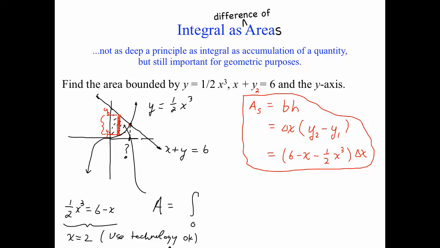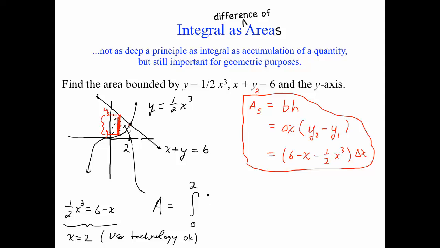But we can see that if you put 2 in, it's going to make it equal, right? 1/2 times 8 is the same as 6 minus 2. All right, so x equals 2. But if you can't see that, using technology is fine. So we're integrating from 0 to 2. Our leftmost strip is at x equals 0. Our rightmost strip is at x equals 2. So we're going to add up all the strips from 0 to 2.